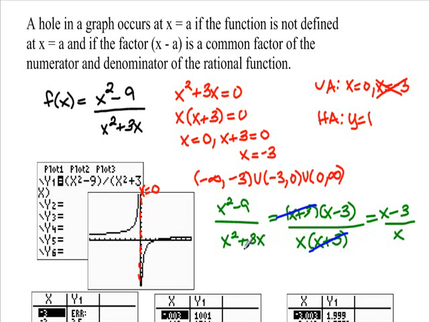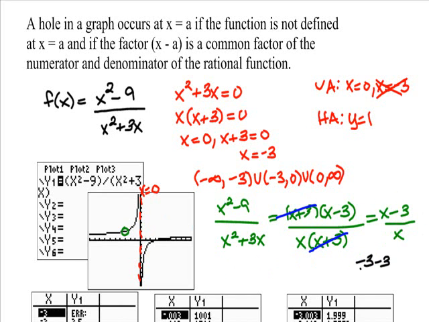But understand the original function is still not defined for x equals negative 3, right? If we plugged in negative 3, we would still divide by 0. So something happens at negative 3, and what happens, this is where you have to be smarter than the calculator. There is really a hole in the graph at negative 3. In fact, if we plugged in negative 3 into this reduced function, let me do it here.